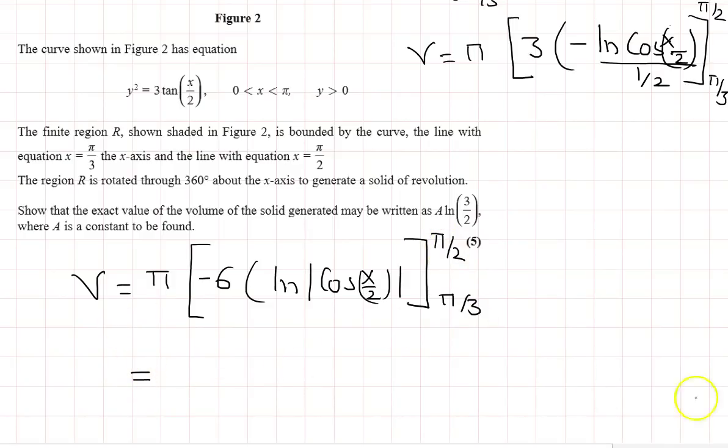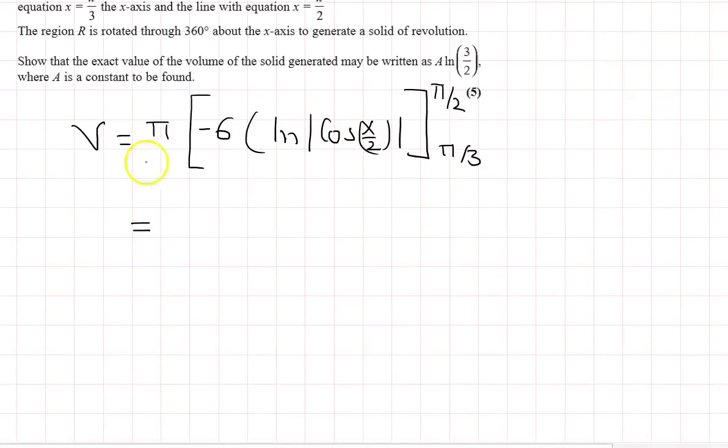So that is equal to pi times minus 6, so we are having ln modulus of cos x, where x is pi over 2.